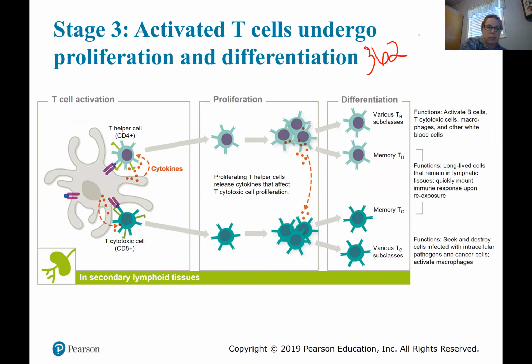Okay, so then here you can see these chemical messages that are going to be sent. The helper T cell sends chemical messages. It's going to actually send some chemical messages here. This is going to cause chemical messages to be sent. It's very complicated. We're going to kind of skip over all of that. But then these cells start proliferating, or copying or cloning each other, and then they become specialized over here, differentiation or specialization.